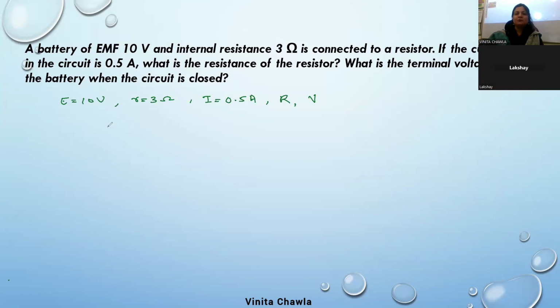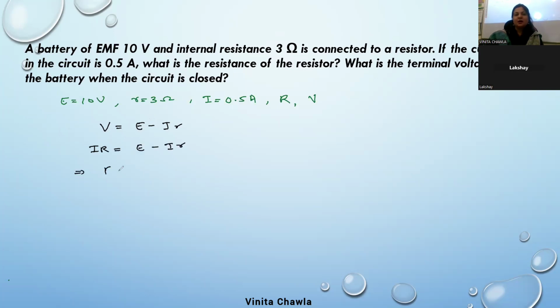How do we write? V is equal to E minus Ir.